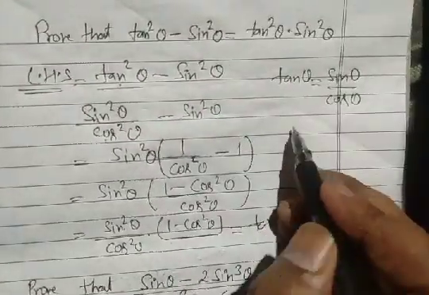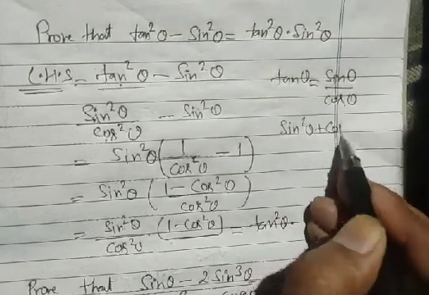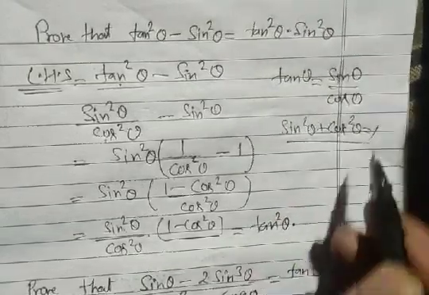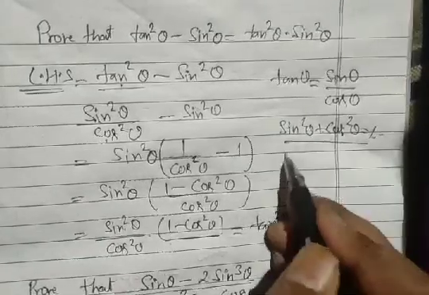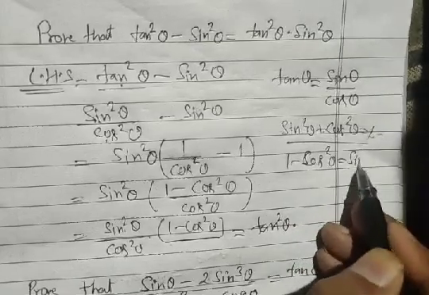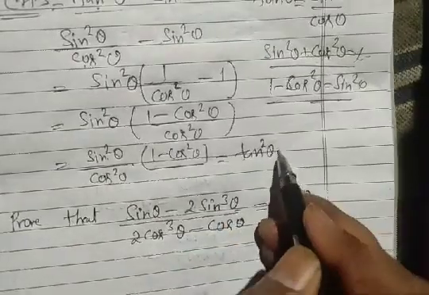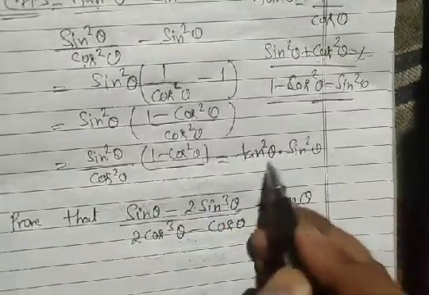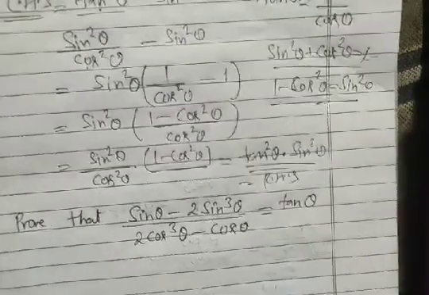We have the identity sin square theta plus cos square theta equals 1. Then, shifting our cos square to the right, we have 1 minus cos square theta equal to sin square theta. Then we can write down here into sin square theta. This is our right hand side.